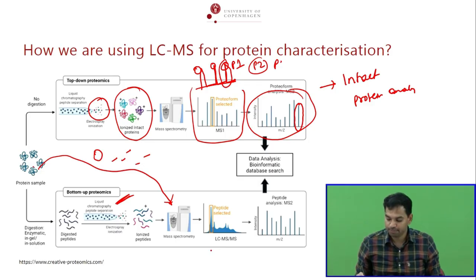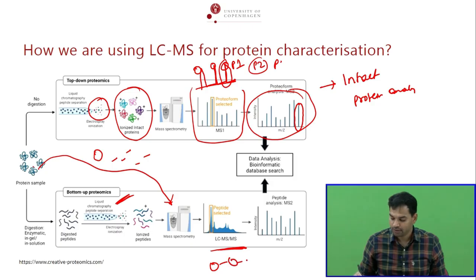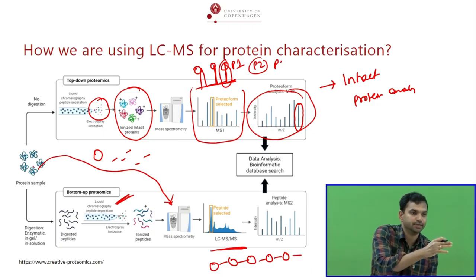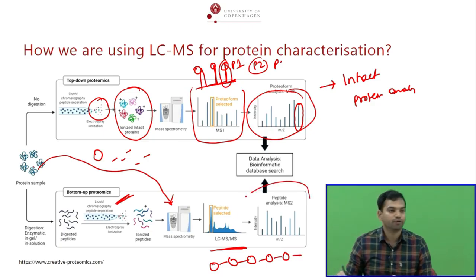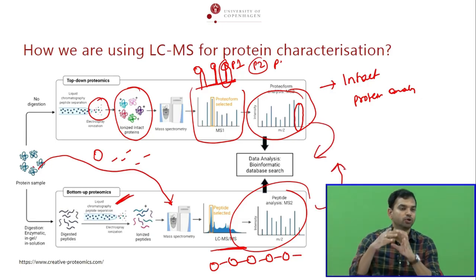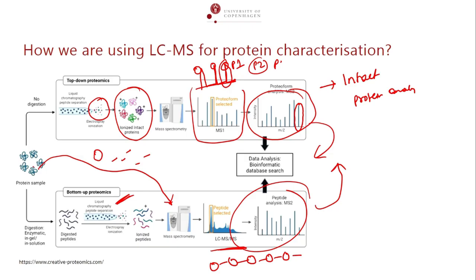Then you get a peptide fingerprint, and that will help us to understand which amino acid is linked to which, because each peptide will have its own fragmentation pattern, and we get another piece of information here. By combining these two pieces of information, we can talk about the structure of the protein, the molecular weight of the protein, and the sequence of the protein. And these are the two approaches we use to do protein characterization in food science.